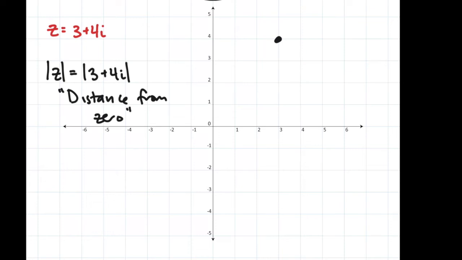In this case, it's the distance from the origin. So really, I'm looking at this distance here. This is the absolute value of z.